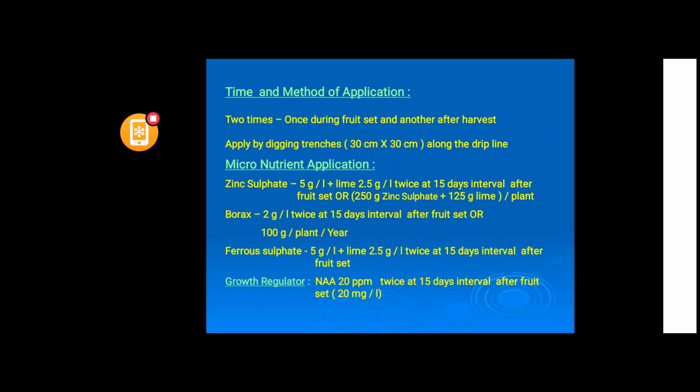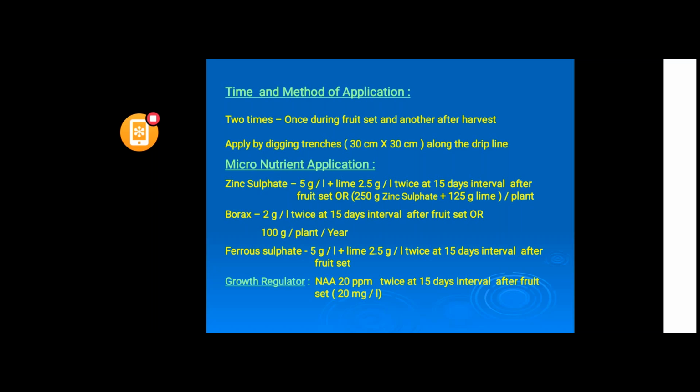Time of application is two times, once during fruit set and another after harvest. In generally many places mango is grown as a rain-fed practice, but it is better if irrigation facility is maintained in the orchard for quality production.